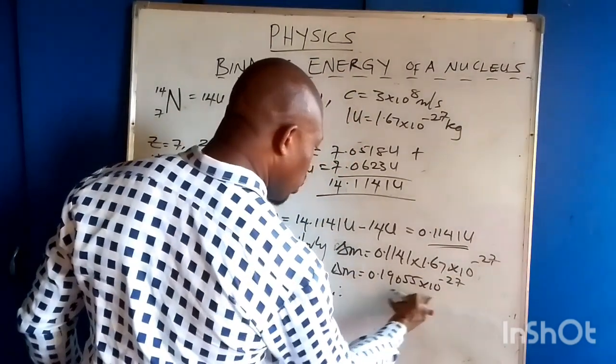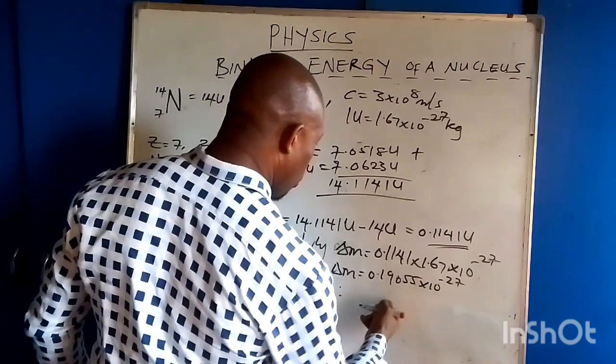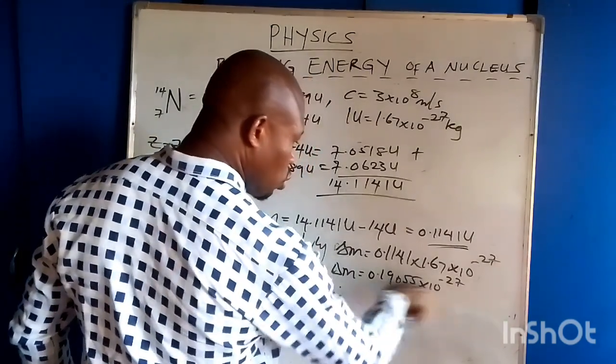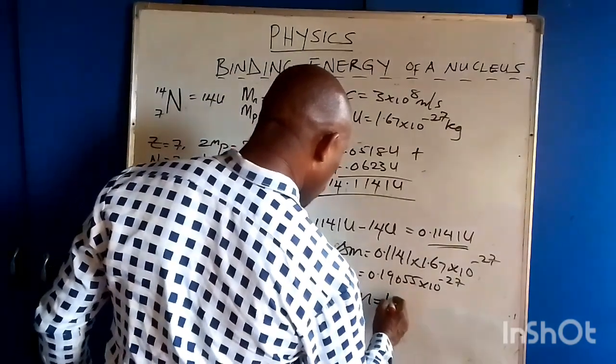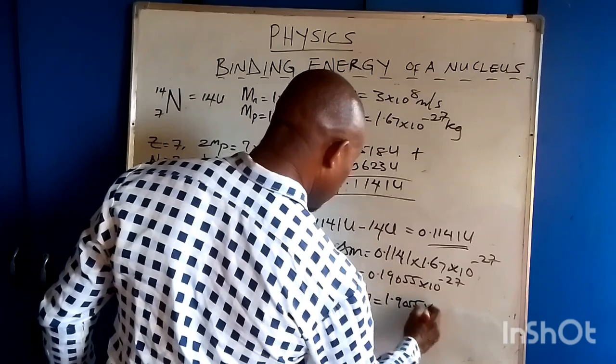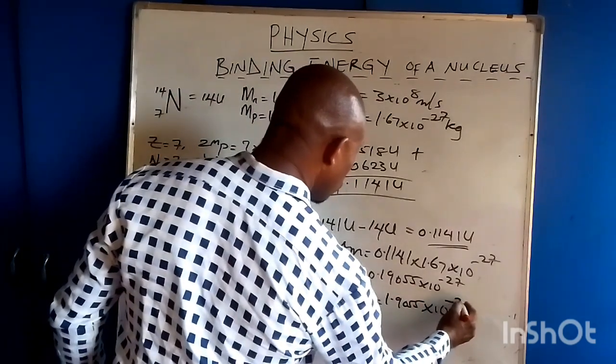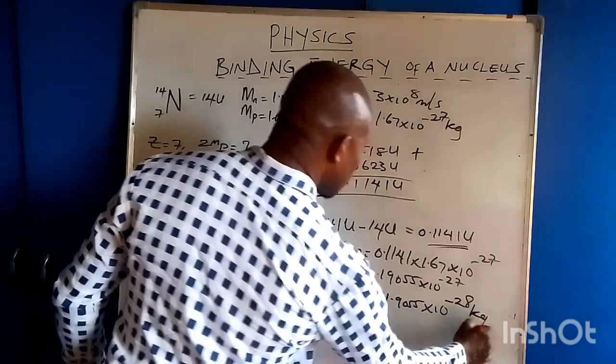Therefore, if we put this in standard form, this one will reduce, and we now have delta m is equal to 1.9055 times 10 raised to the power minus 28 kilogram.